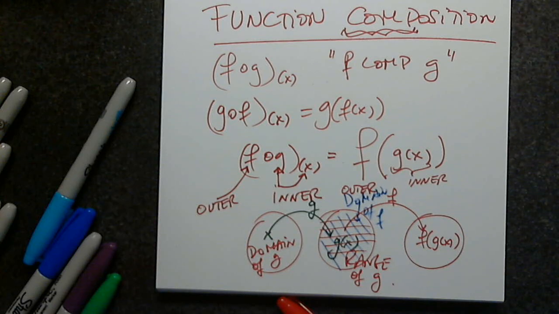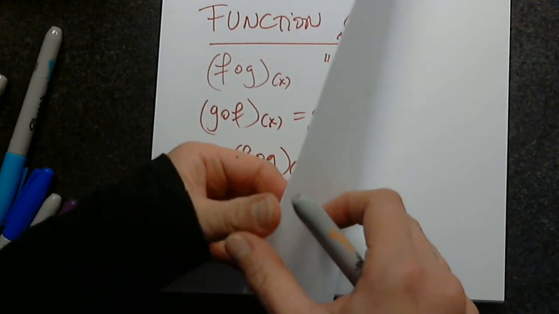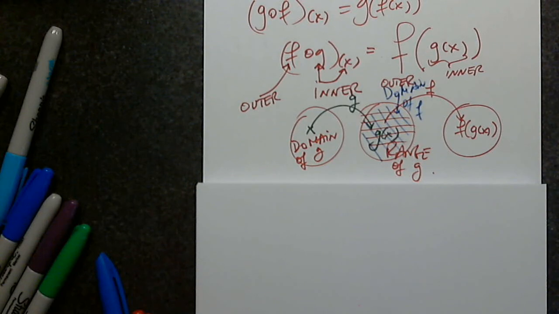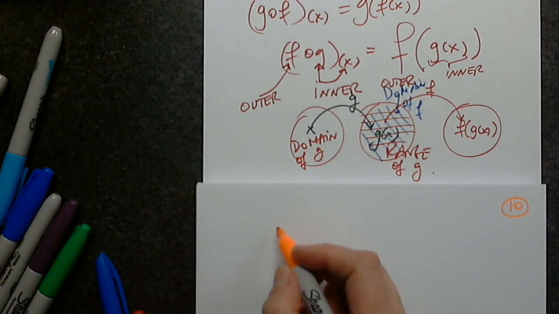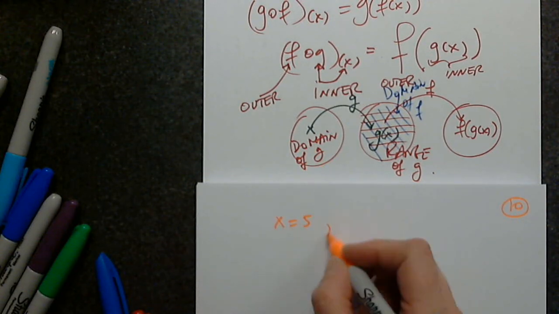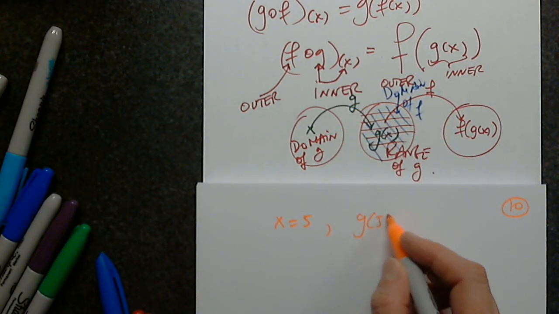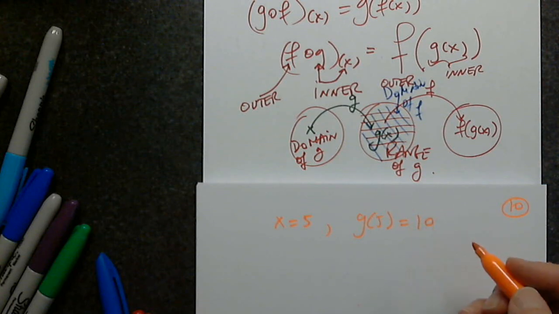Let's suppose, I have to go to the next page. So here's a potential situation. Let's say x is 5. In here, I apply g to 5. Let's say I get 10.